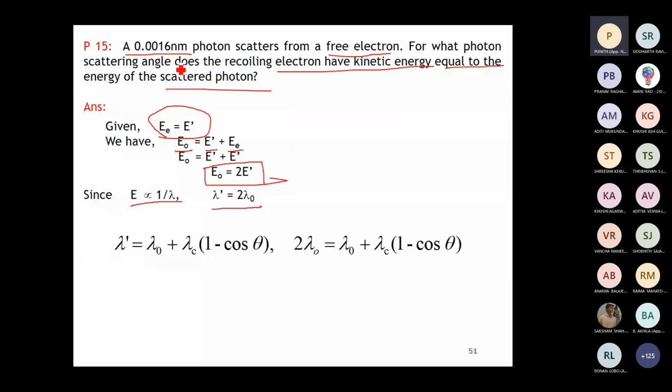So you have 2 lambda naught is equal to lambda naught plus lambda c into 1 minus cos theta. Once you rewrite this equation and solve for it, you will get the angle of 70 degrees. I think Kushi Agarwal has mentioned it. Yes, you are right, you got the value of 70 degrees.